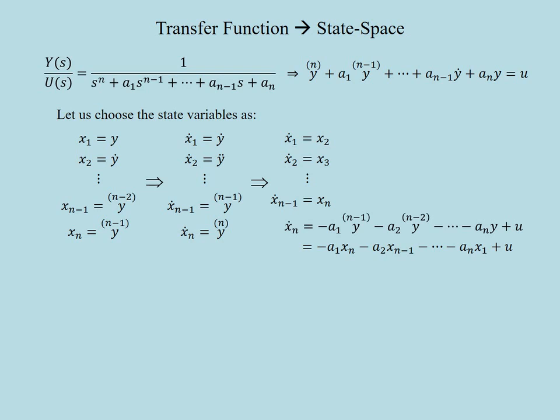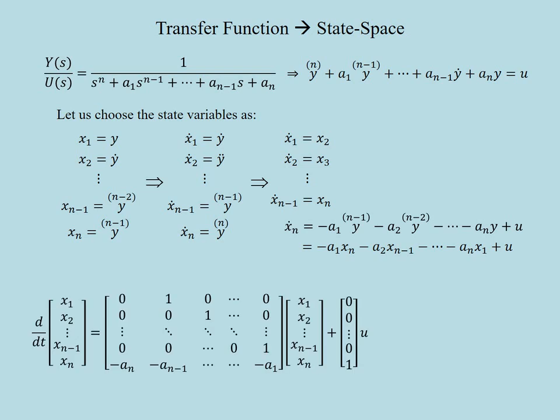To obtain the system equation, you only need to write these equations in a matrix form. And the output equation is simply a rephrasing of the equation y is equal to x1.